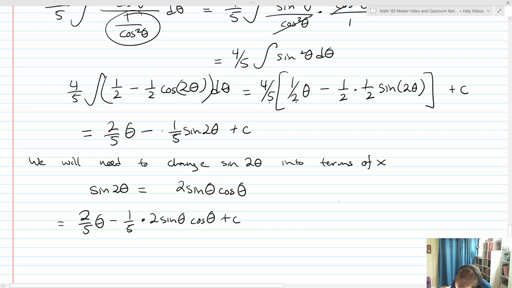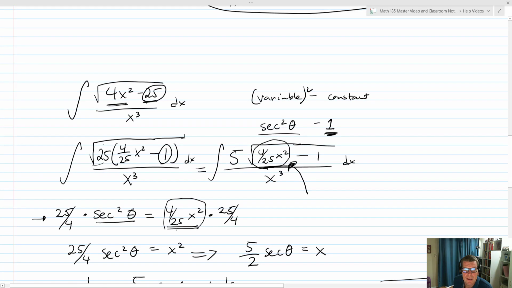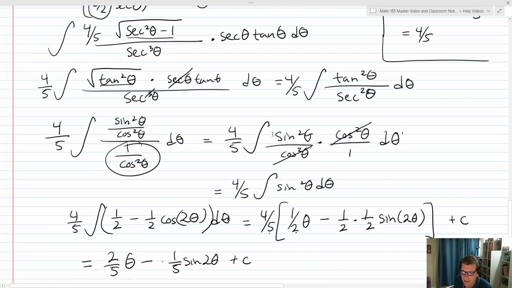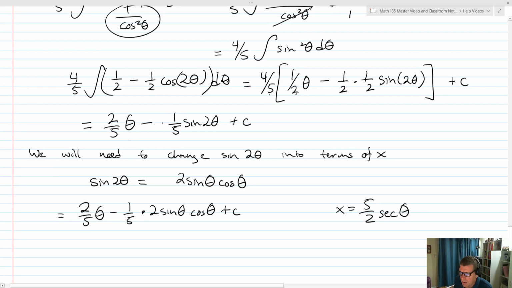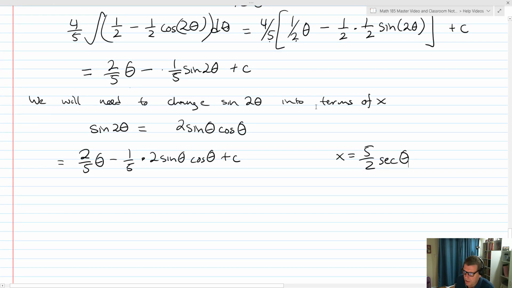And so now I have, again, x is equal to 5/2 secant theta. Let's just go check, make sure that that's in fact what we had. 5/2 secant theta. So now I'm going to rewrite this as secant theta equals 2/5 x, or 2x over 5.